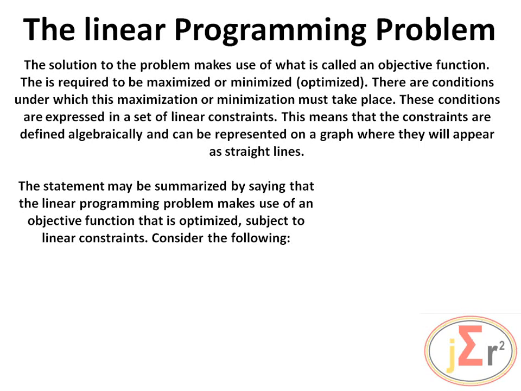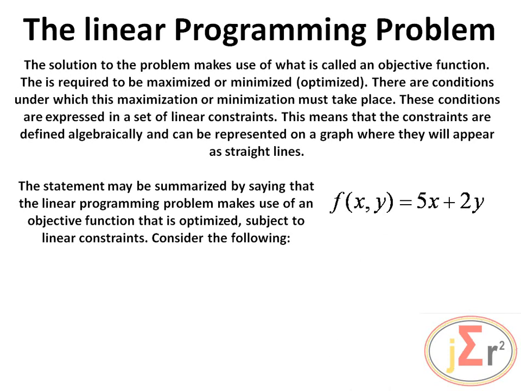So we are just going to do a little presentation of a linear programming problem, a general presentation, in order that we may be able to understand the components of the linear programming problem as we solve the problems in a short while.